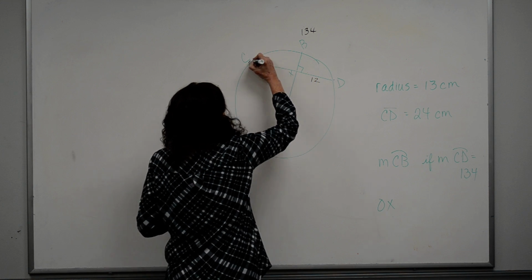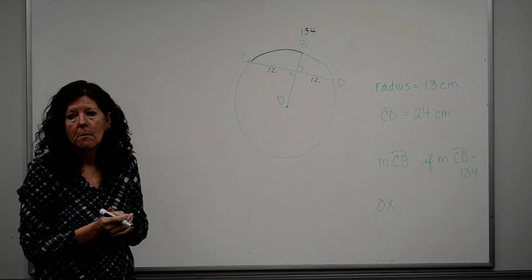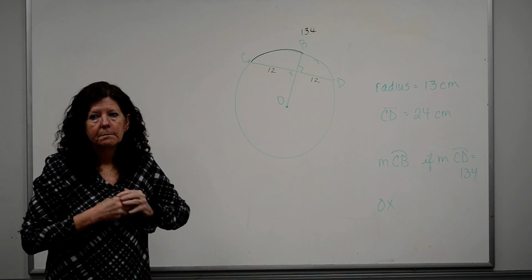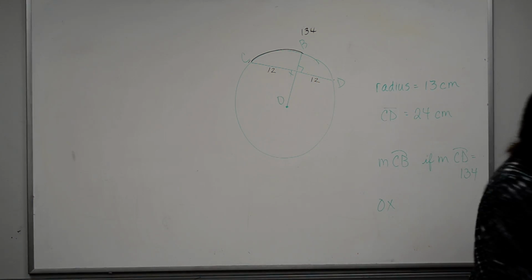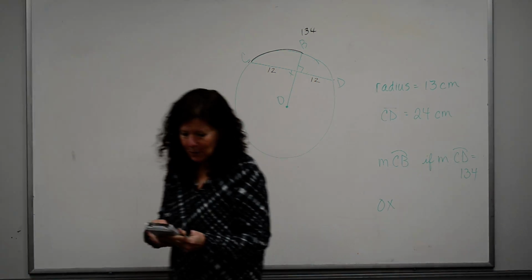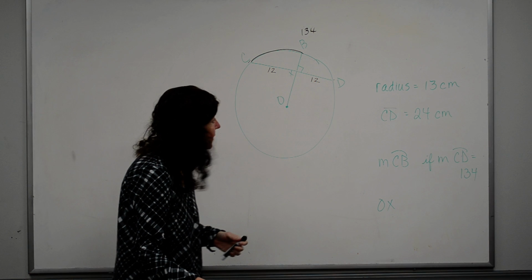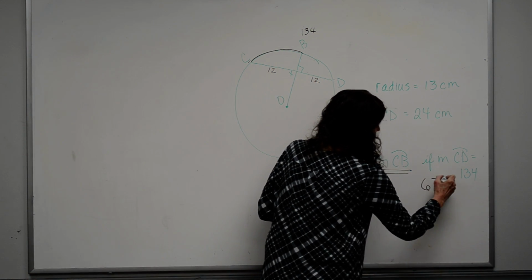How am I going to find it? Take half of 134. Is Rebecca the only one awake in here right now? Okay. 134 divided by 2 is going to give me 67. So I know that the answer for this is 67 degrees.